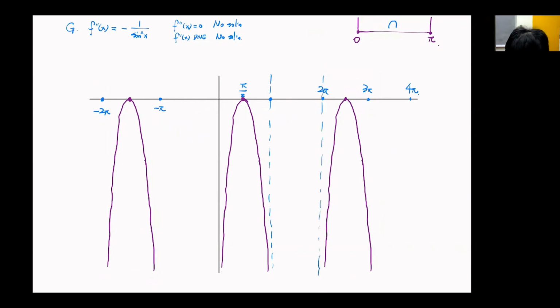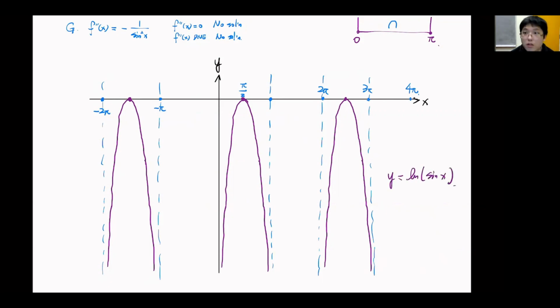So 2 pi and 3 pi will also be vertical asymptotes, and minus pi and minus 2 pi will again be vertical asymptotes. Finally, supplementing the x-axis and y-axis, this is my x, this is my y, and finally marking what I'm drawing: y equals natural log of sine of x. This finishes the last problem of the exercise set.